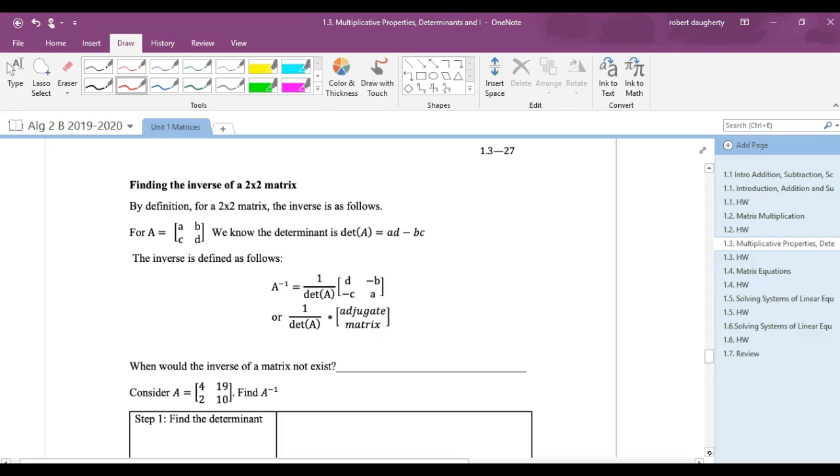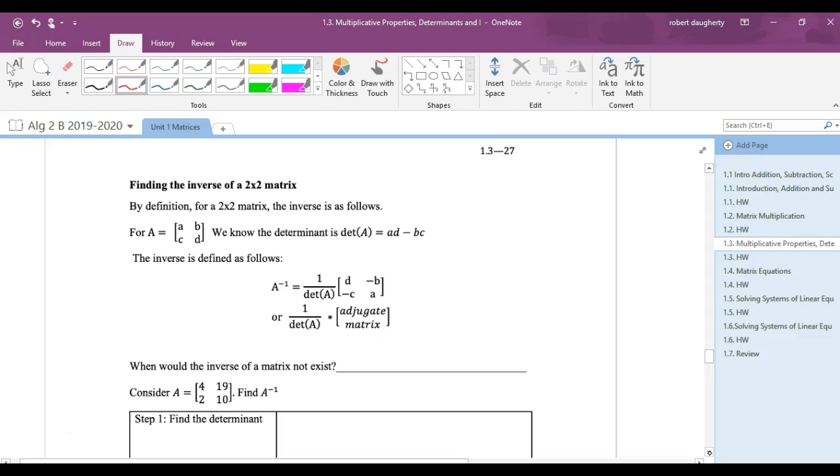But what happened with A and D? They switched places. What happened to B and C? I stuck negative signs in front of them. That's all that happens here. So to find the inverse of a matrix, it's 1 over the determinant. On this diagonal, you switch A and D. On this diagonal, whatever the signs are, you change them. And that gives you the inverse.